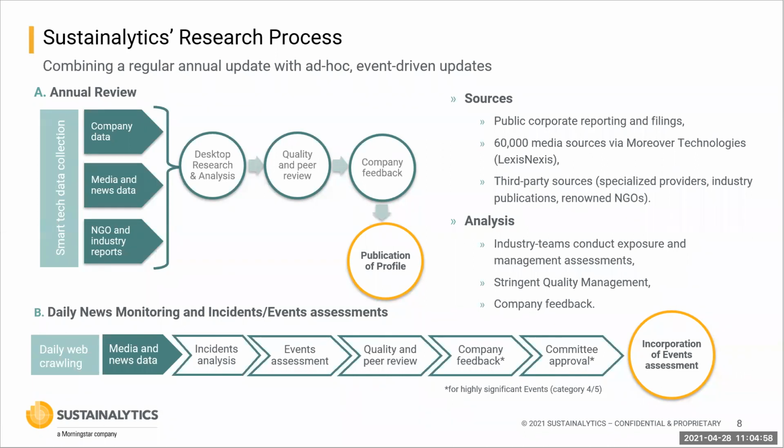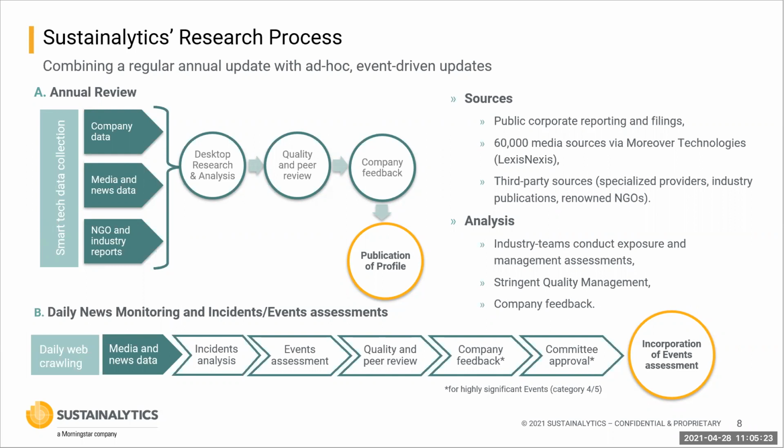Then there is an ongoing daily process which consists of our controversy research, which plays a very important role in our ESG risk rating methodology. It looks on a daily basis at 60,000 news sources to identify whether the companies in our research universe are involved in any controversies or incidents.